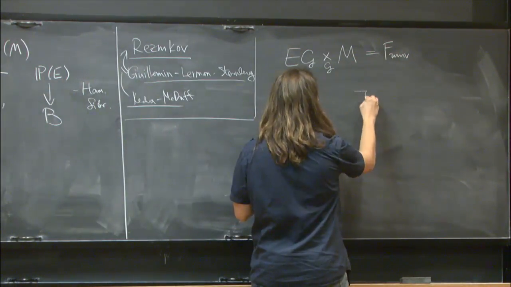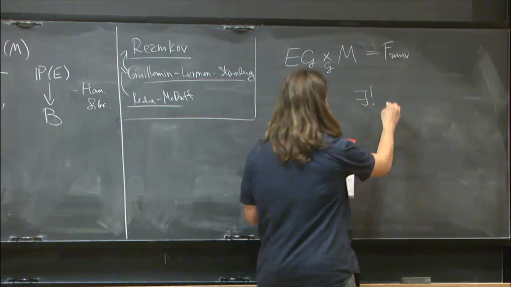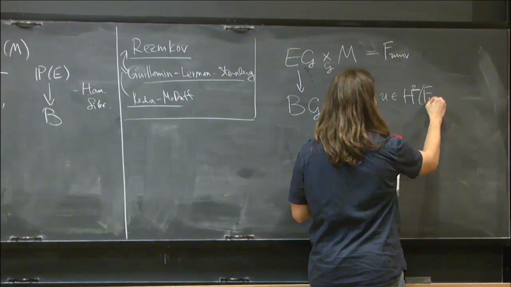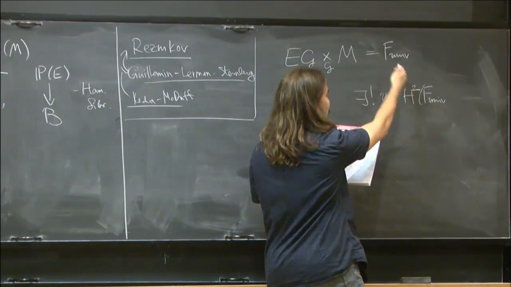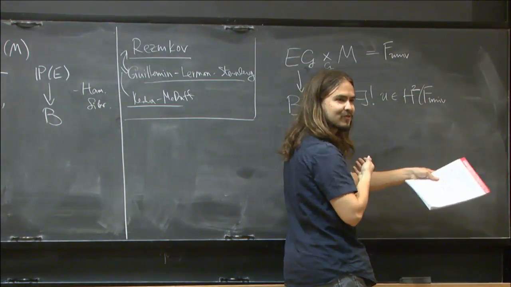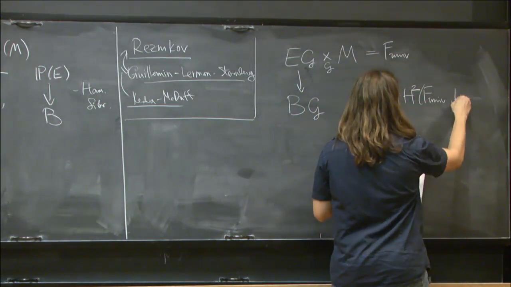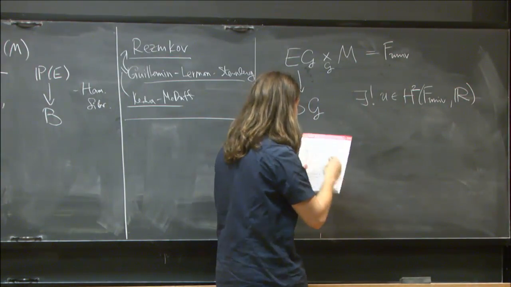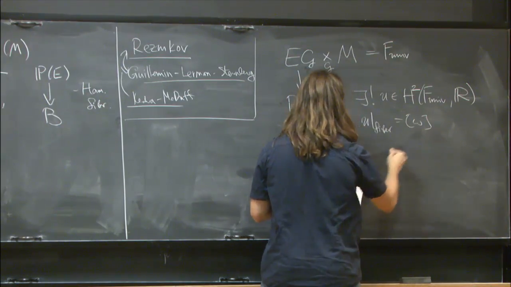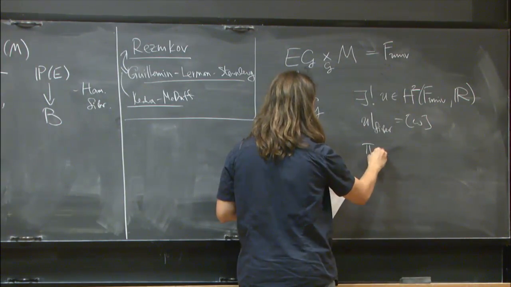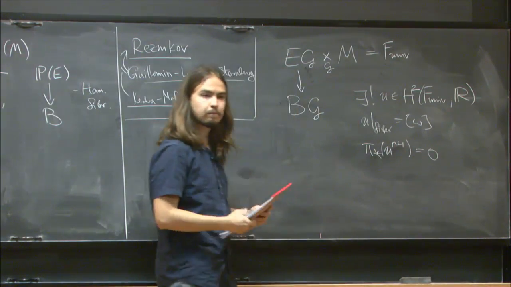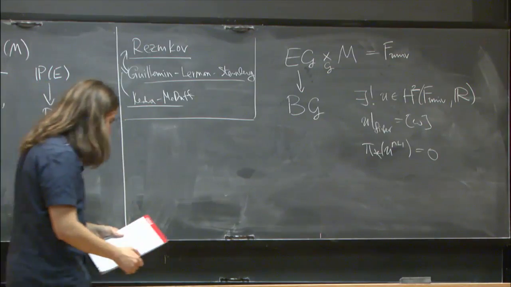Then there exists a really nice class u in the second cohomology of, in fact, any Hamiltonian fibration. Universal means any, and everything is functorial, right? So there's one like this, such that u restricted to each fiber is the class of omega, and the fiber integral of u to the n plus 1 is 0. This is called the coupling class.